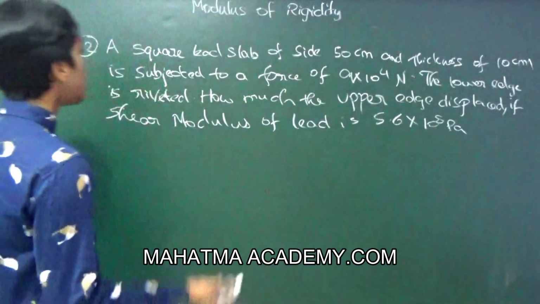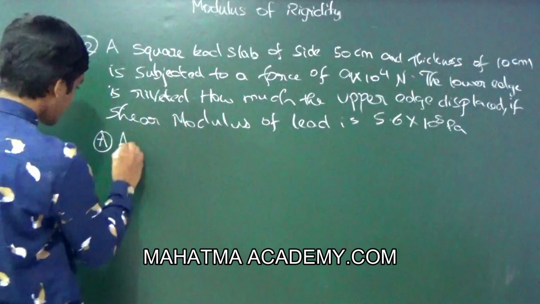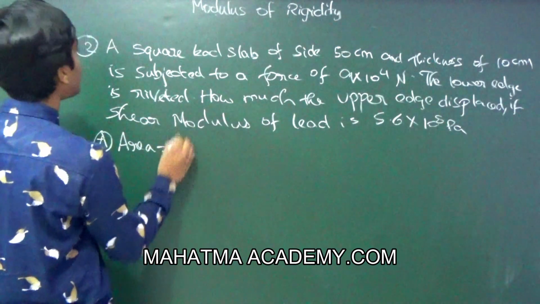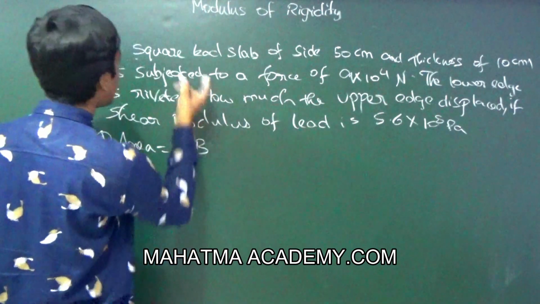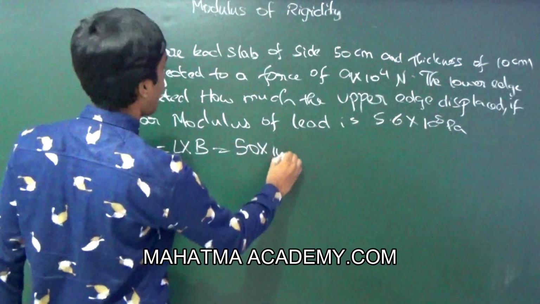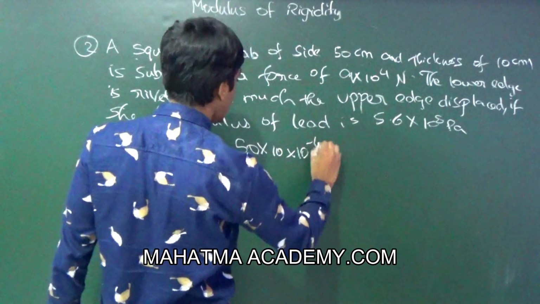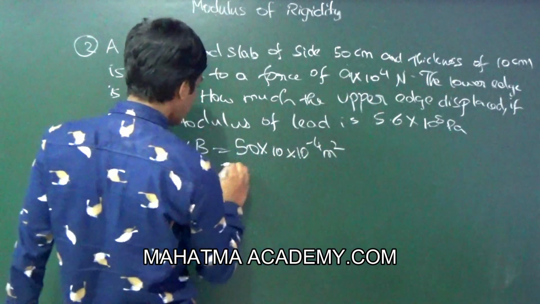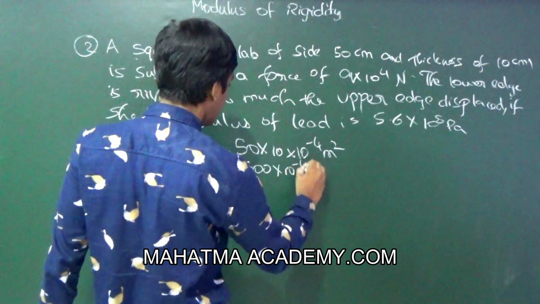Now in the question they have given the area. Area of the square is length into breadth, that is 50 into 10 into 10 to the power of minus 4 meter square. So 500 into 10 to the power of minus 4 meter square.